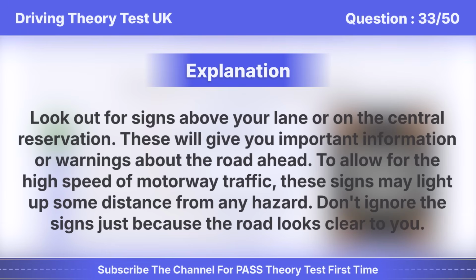Look out for signs above your lane or on the central reservation. These will give you important information or warnings about the road ahead. To allow for the high speed of motorway traffic, these signs may light up some distance from any hazard. Don't ignore the signs just because the road looks clear to you.